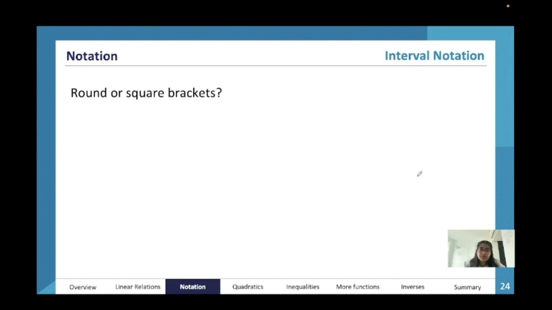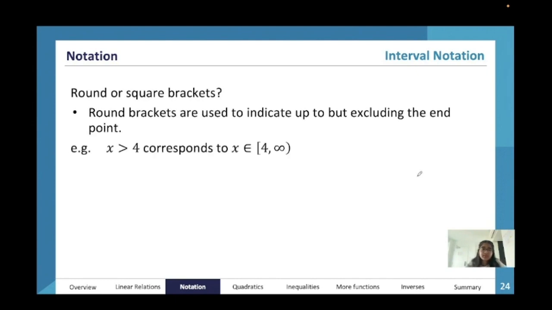And if I use round or square brackets, so these are much more common. Round brackets indicate numbers that are up to, but excluding the endpoint. So if I say x is greater than 4, it's hard to use curly brackets. It's hard to say x is 4.0001, 4.00001, and so on. There are just going to be so many numbers that I can't possibly list them all.